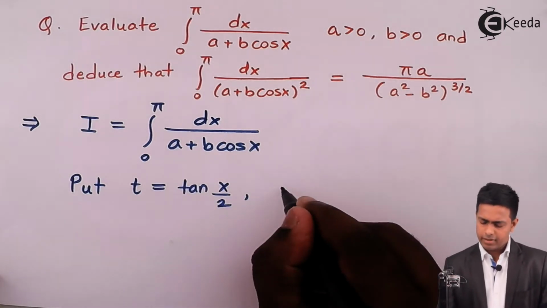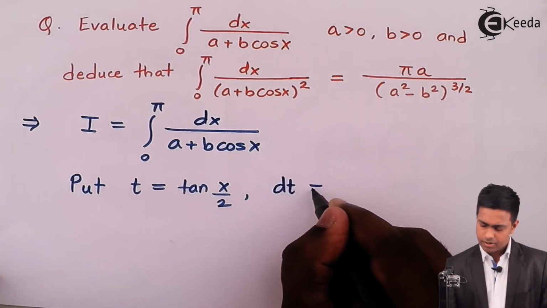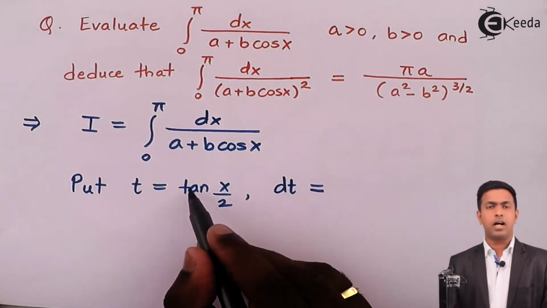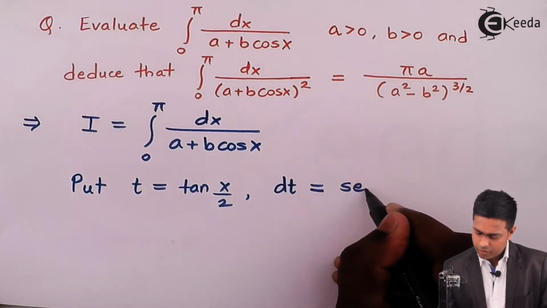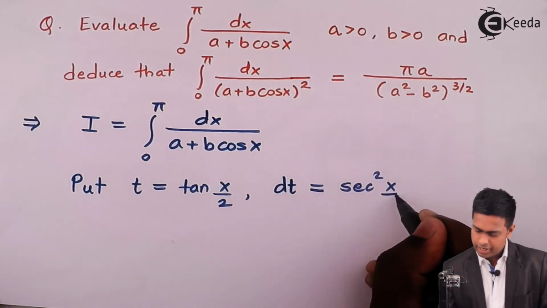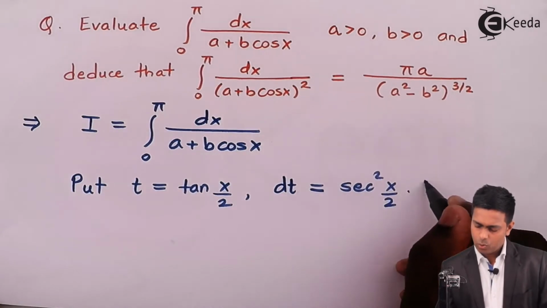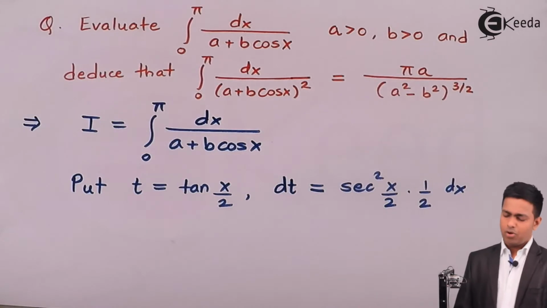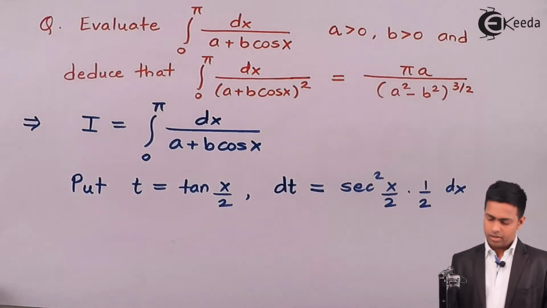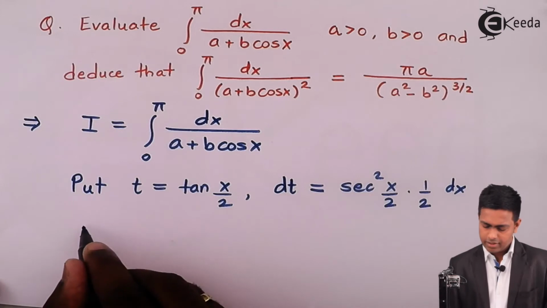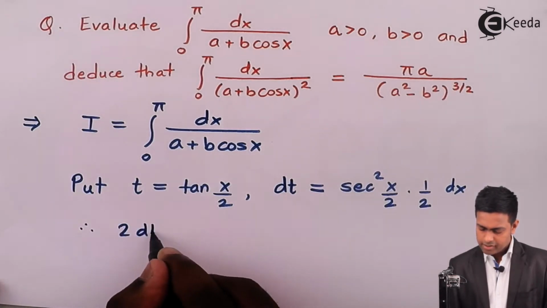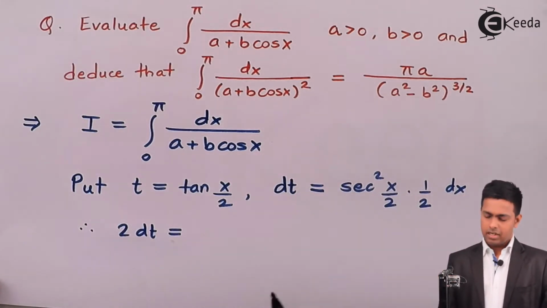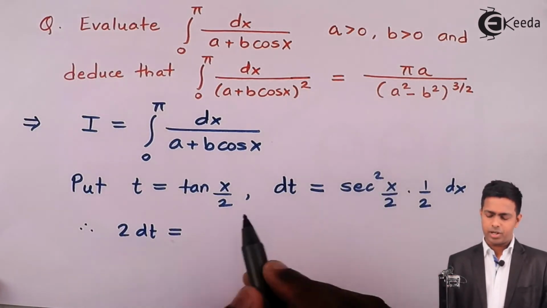So here we get dt as the derivative of this part, that is sec square x by 2 into 1 by 2 into dx. Now by solving this, here we can take this 2 on the left hand side, so 2 dt is equal to sec square x by 2 into dx. Now I'll rewrite this sec square x by 2 in terms of tan.